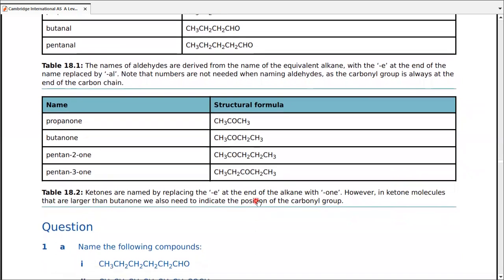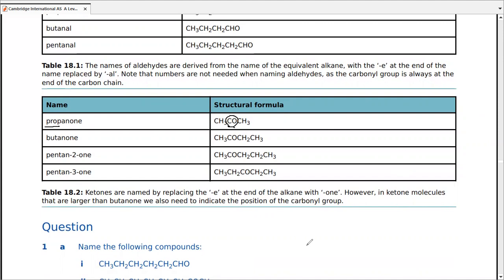Moving on, the second table is for ketones. Now, since ketone has chain on both sides, this clearly gives us the idea that this carbon would usually be in the middle. This carbon cannot be the terminal carbon whatsoever in ketones. So ketones start with the very basic of having three carbon atoms.